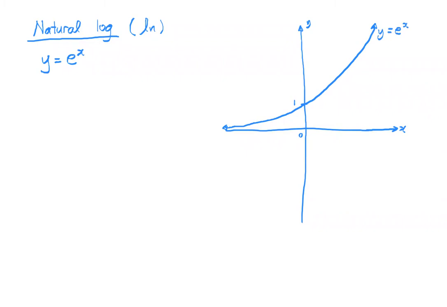Okay, so I have an inverse function. I tried to change the color but it doesn't allow me, so you just have to bear with me with the same color. If I reflect this function y equal to e to the power of x along the line y equal to x, I will get this function.